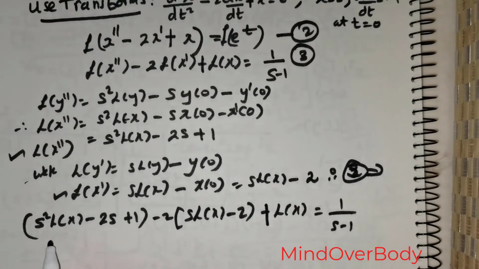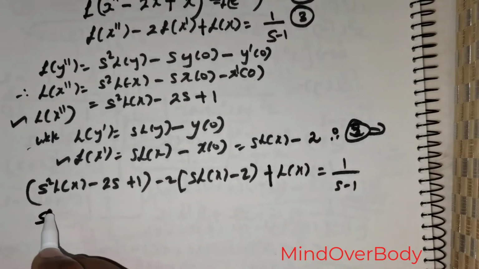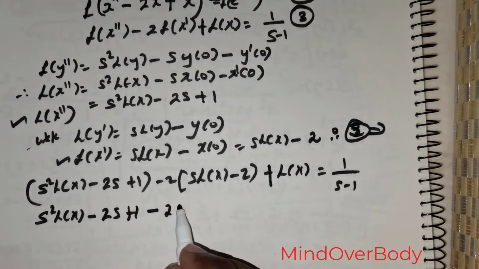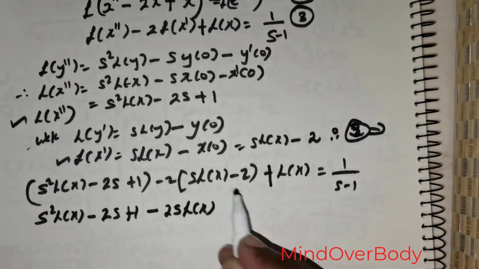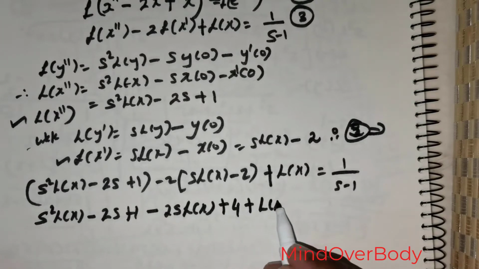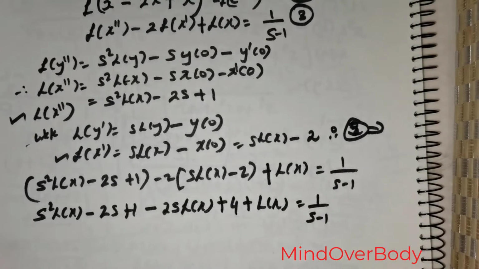So now what I wish to do is rewrite this as s squared L of x minus 2 times s plus 1, minus 2 times s times L of x. Negative times negative is positive, plus L of x is equal to 1 over s minus 1. So this is what we've got.